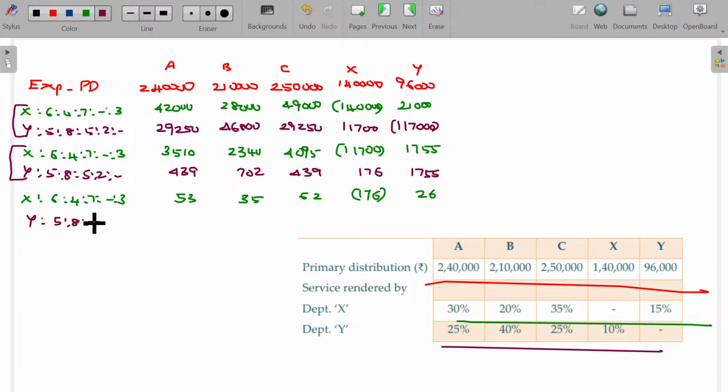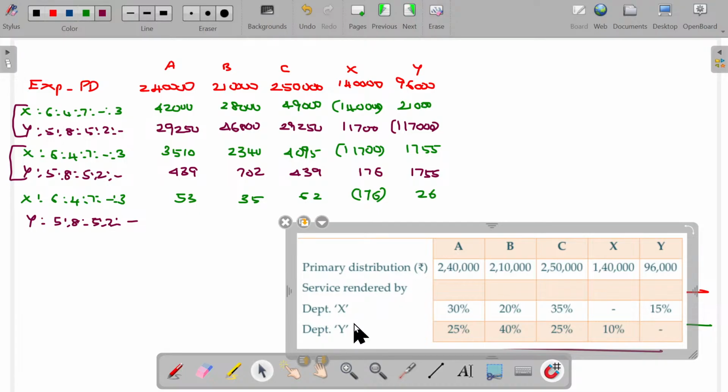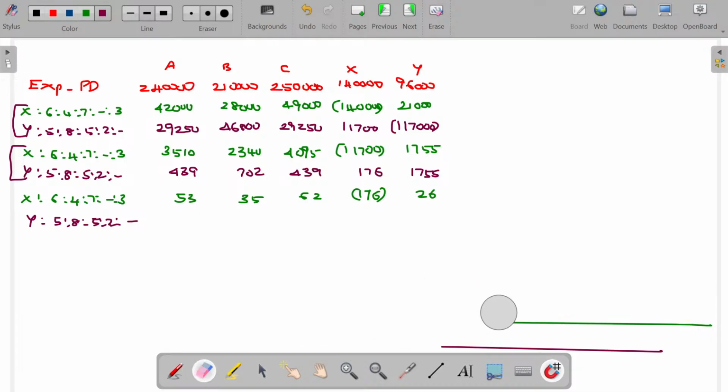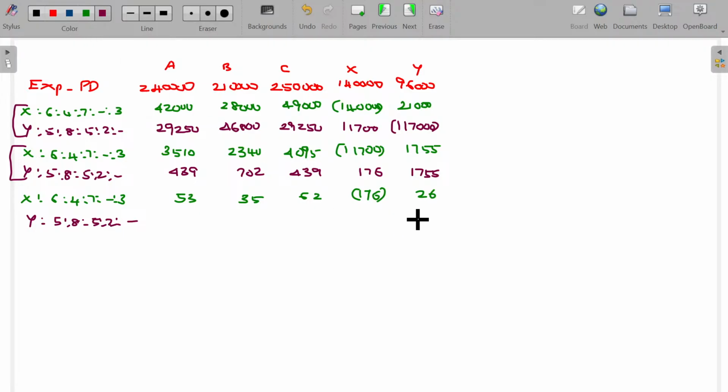5:8:5:2 dash. Now, if I subtract the 26 here, what's the value you are getting? 6.5, 10.4, 6.5 here.